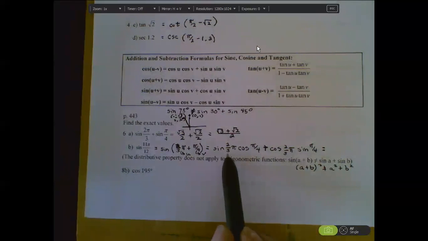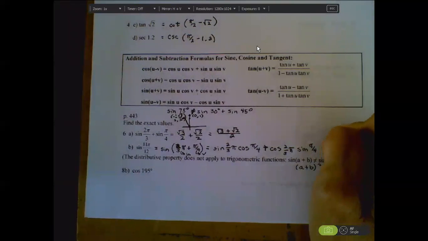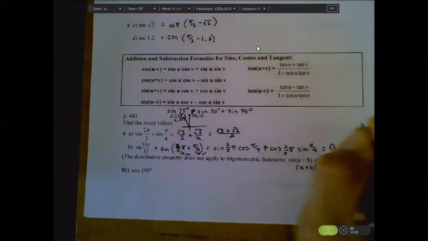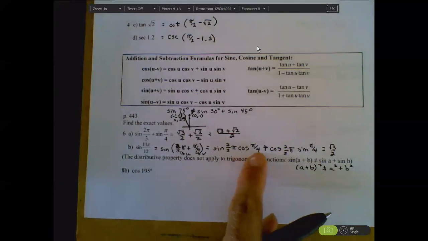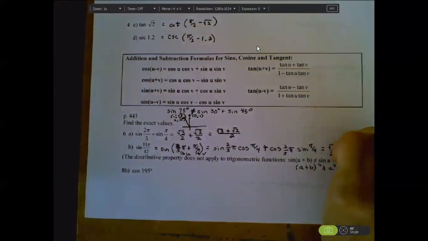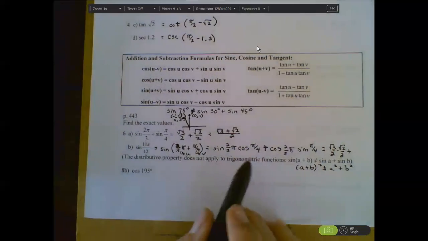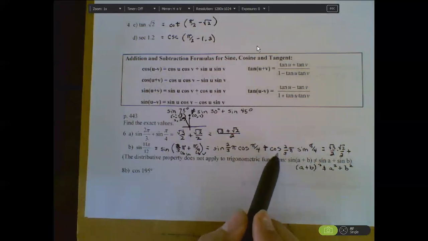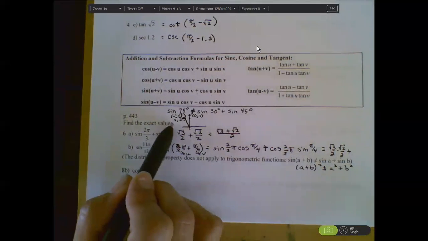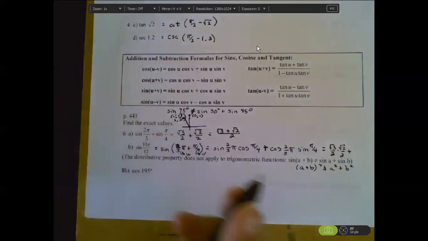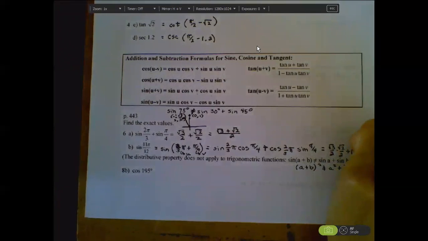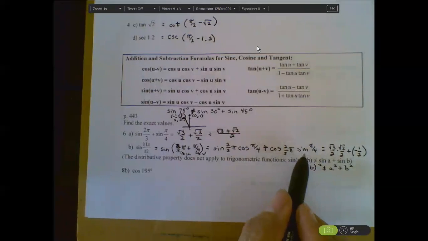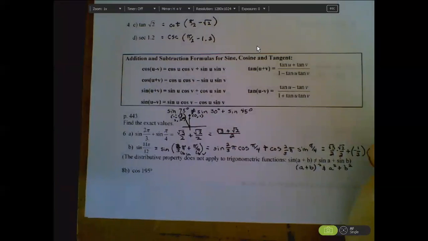Sine of 2/3 pi is square root of 3 over 2. Cosine of pi over 4 is square root of 2 over 2. Cosine of 2/3 pi, the x value at 2/3 pi, is -1/2. And sine of pi over 4 is square root of 2 over 2.